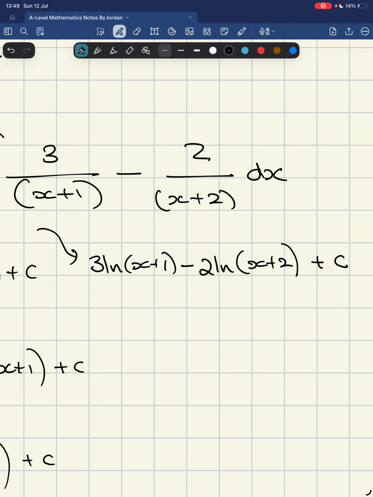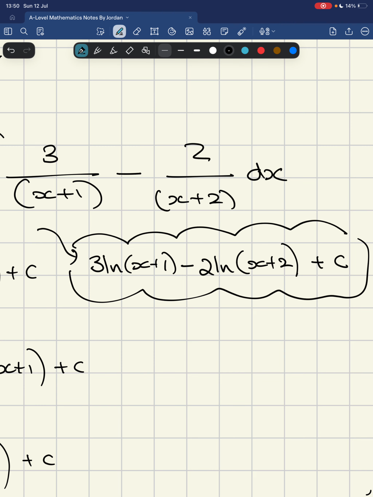Now, we're not quite done here. We could do a little bit more. The numbers at the front of the ln's here, we could actually move up as powers. And when you subtract logs, it becomes division. So there's 2 things going on here. So let's think about those 2 things.